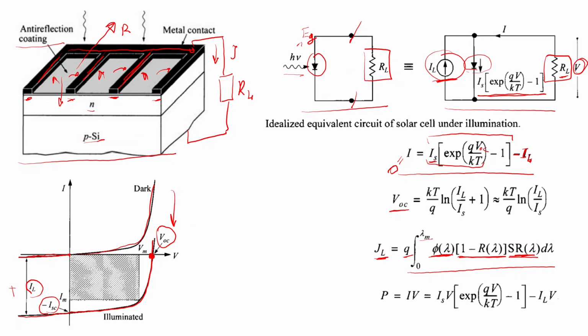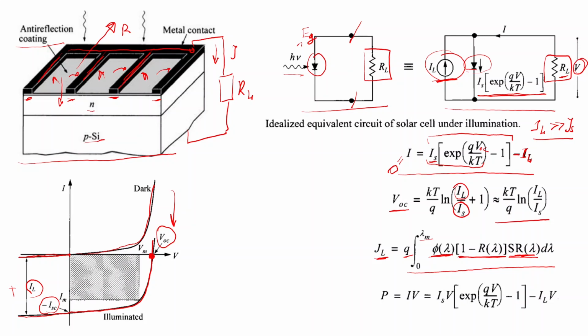So that will be kT over q times the natural logarithm of the ratio between photocurrent or short circuit current, because they are the same for an ideal solar cell, and this saturation current. So here is +1, but since photocurrent IL is much larger than IS, we can neglect this unity and consider the simplified equation.